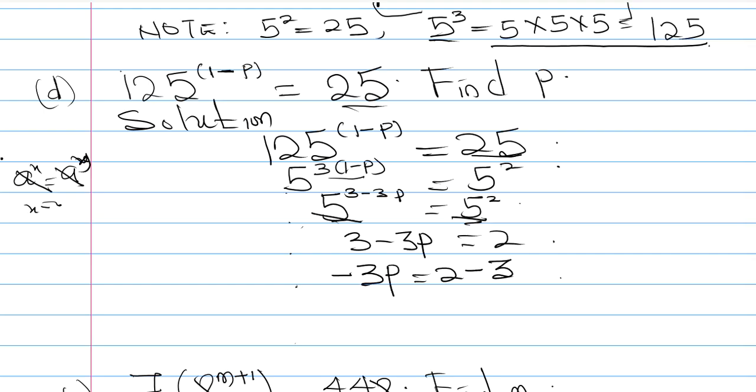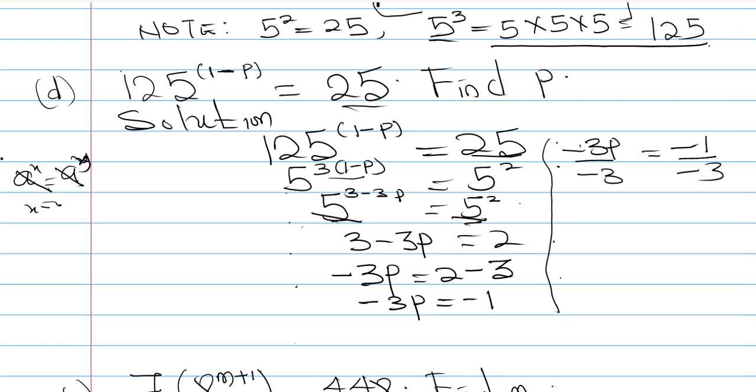Now this gives us minus 3p equal to minus 1. That is, the coefficient of p is minus 3. Dividing both sides by minus 3, my p is equal to minus 1 over minus 3, which is 1 over 3. So this is the answer.